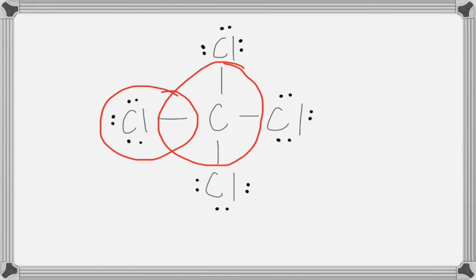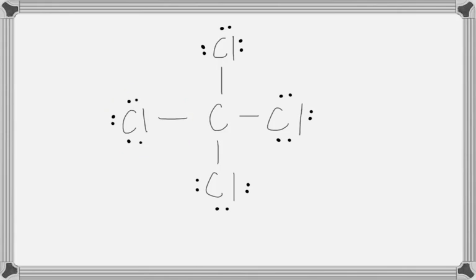You counted it to satisfy chlorine's octet, and you counted it to satisfy carbon's octet, right? When you draw formal charges, you can't do that. That bond, that line, how many electrons is that? That's 2. When you do formal charge, you've got to split those 2 electrons and give 1 to carbon and 1 to chlorine. Okay, so let me show you what I mean.